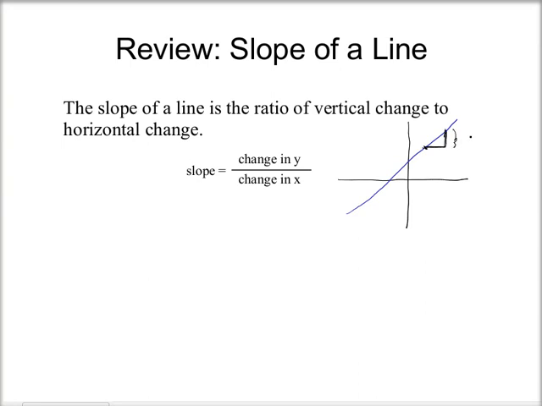So this is my y-axis and this is my x-axis, so this distance here is my change in y, and then this distance here is my change in x. So you won't have to actually calculate the slope of a line, but you should know what it is.